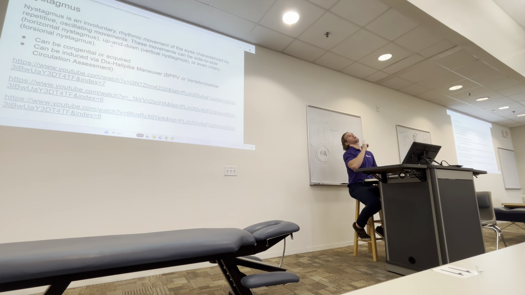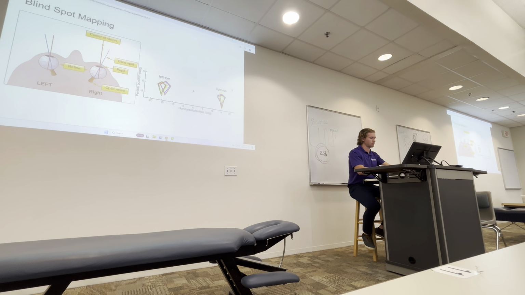So with the posterior canal, the saccade will be towards it. With the anterior, the fast phase will be away, because it thinks you're falling forward, so you want to look down and in, and the VOR is telling you to look up and to the right. So that's as simply as I can break it down for you. I'll play these videos later if you want to watch them, but we can get hands on first.